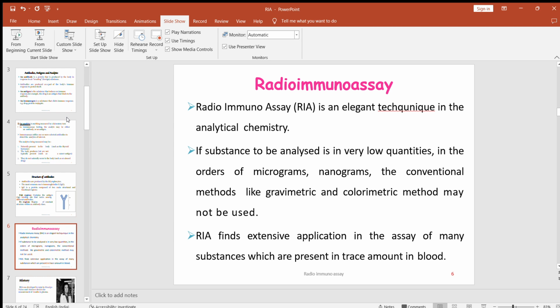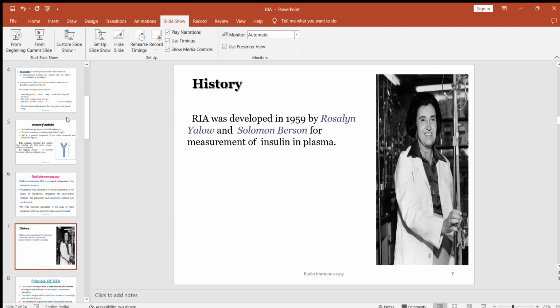So RIA finds extensive application for many substances which are present in trace amounts in blood. History: RIA was developed in 1959 by Rosalyn Yalow and Solomon Berson for measurement of insulin in plasma. For this, they received a Nobel Prize.